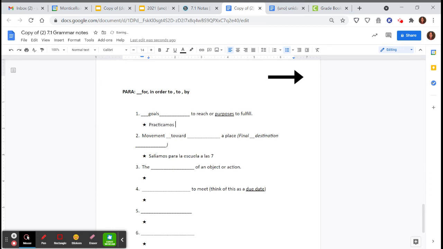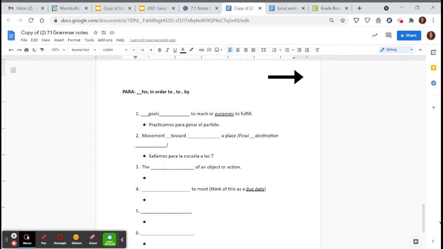Practicamos para el partido, for example. So we practice for the game. We practice in order to win the game, for example. We could say para ganar el partido. So think of that purpose, or I study Quizlet to get an A on the test, for example.